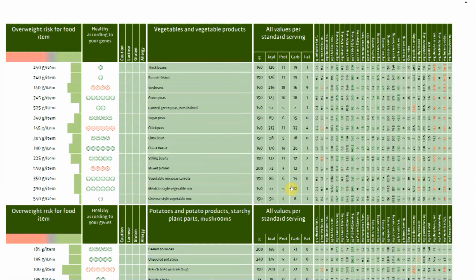For you to use it, really just eat more of the green smileys, eat less of the red smileys, and the unhappy faces. And sometimes you might even see in meat all of it is bad, but some of it has six red smileys, unhappy faces, and some of it has 2. So you should just prefer the ones with less unhappy faces.